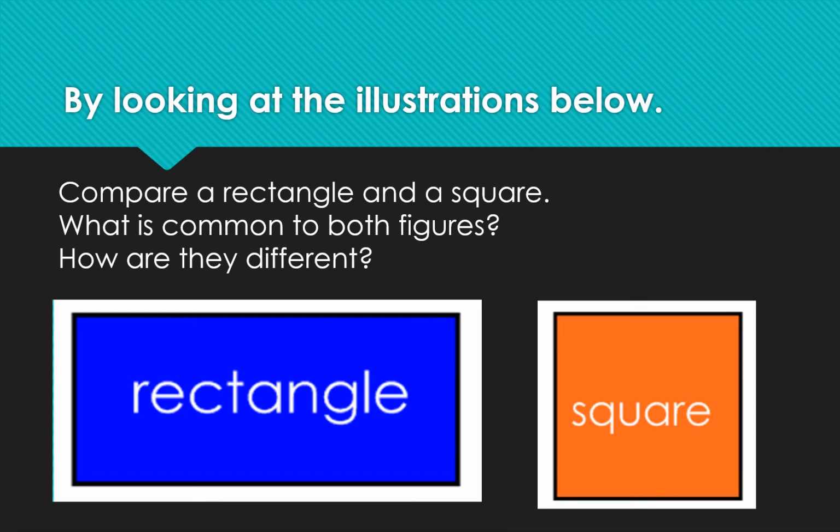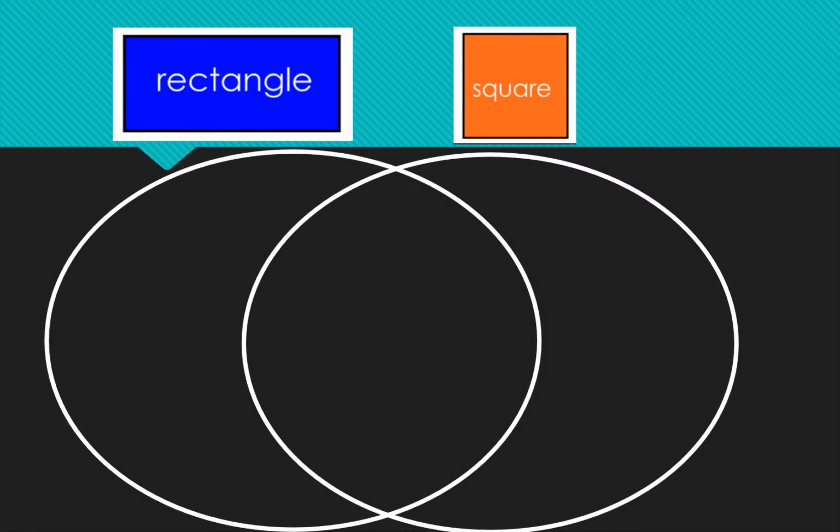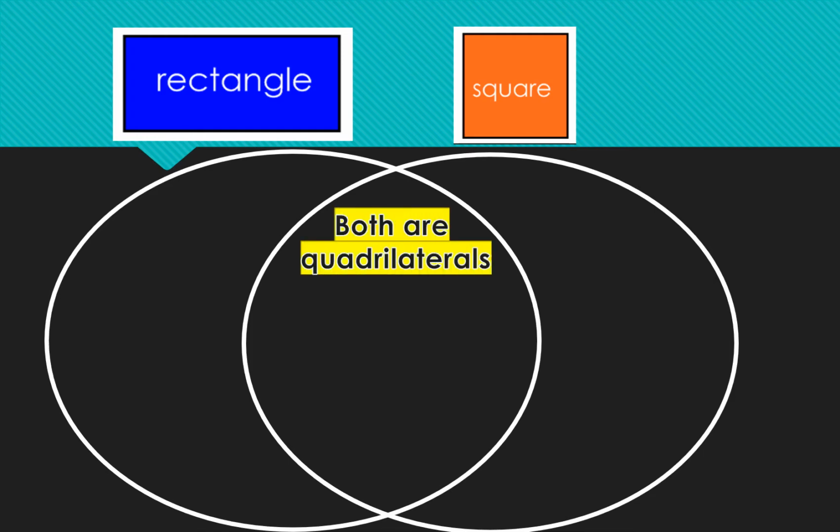Now, by looking at the illustration below, let us compare a rectangle and a square. What is common to both pictures and how do they differ? Let us go into the Venn diagram. We have here a Venn diagram showing the rectangle at my left side and a square at my right side, and in between is what is common to the two quadrilaterals. Both are quadrilaterals, of course.